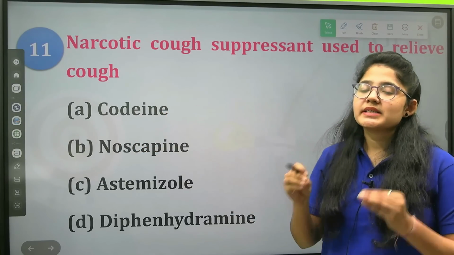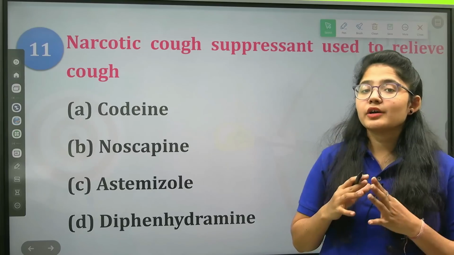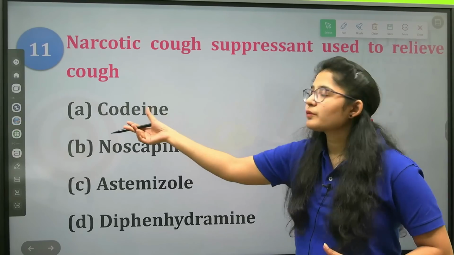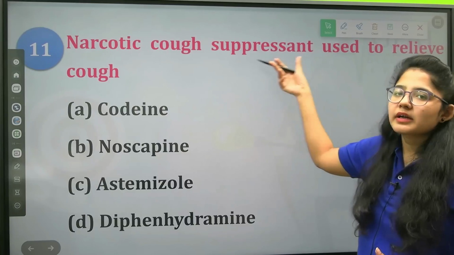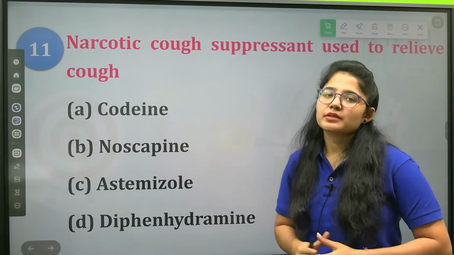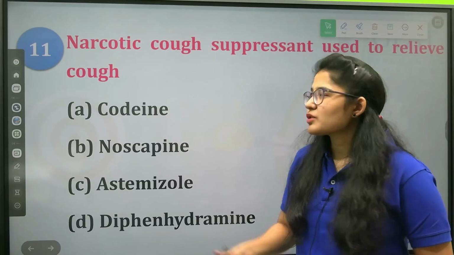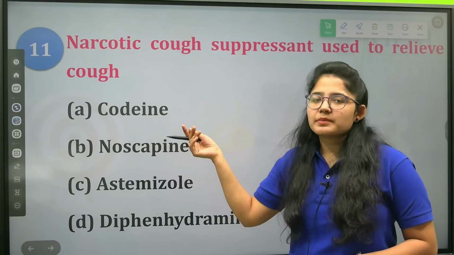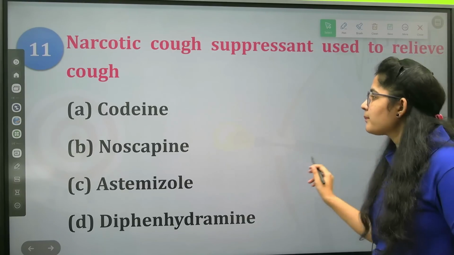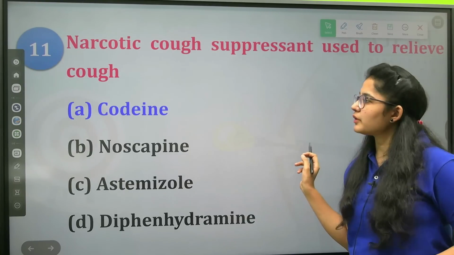It causes sleepiness or sedation when consumed, and it is consumed as a cough suppressant. When you have a cough, you use the syrup that contains codeine. At a time I think now it is banned, due to its high sedation properties. Clear? Correct answer will be codeine.